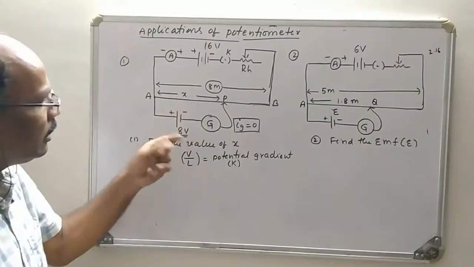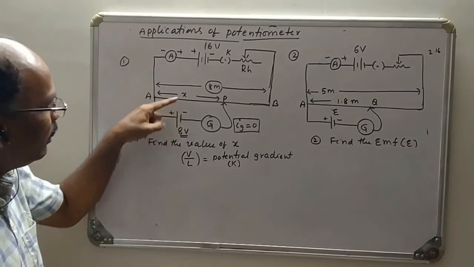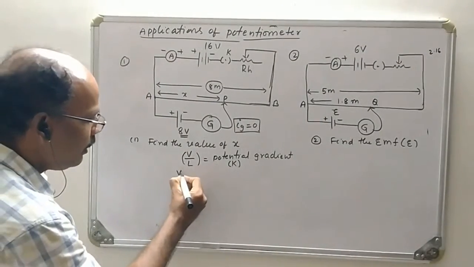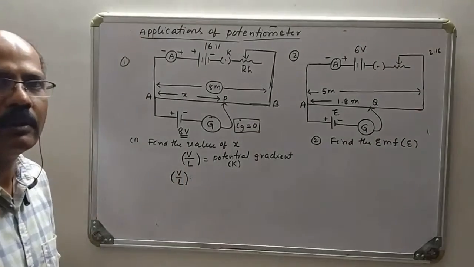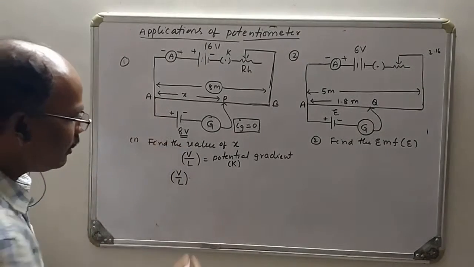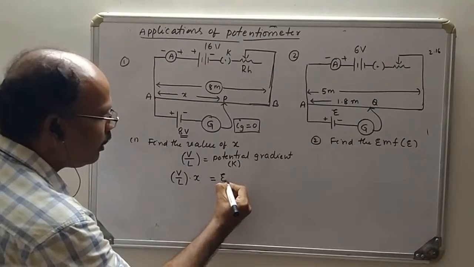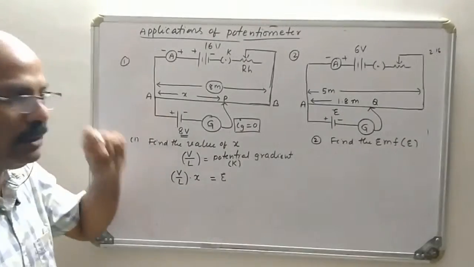which can be represented by K. And the balancing length for the EMF of the secondary cell is X. Then we can write V by L multiplied by the balancing length X should be equal to the EMF of the cell in the secondary circuit.